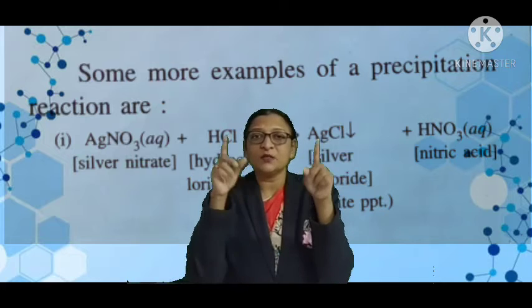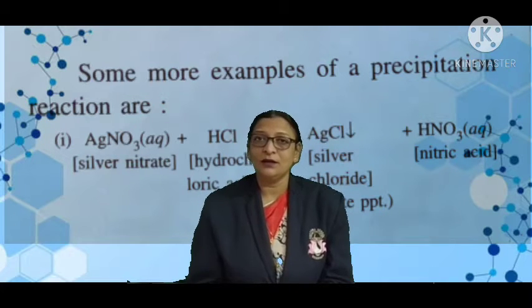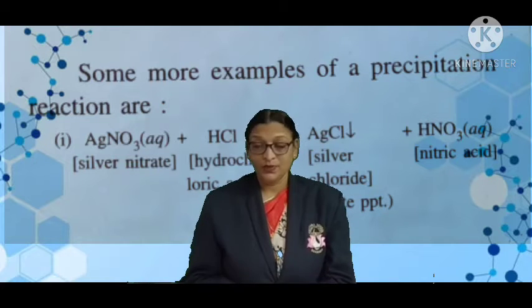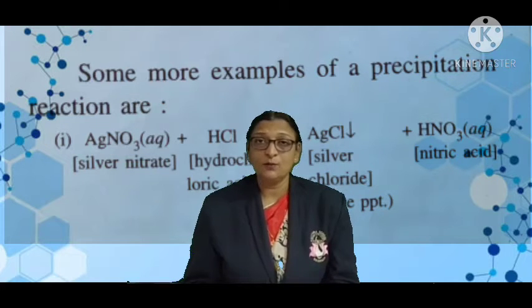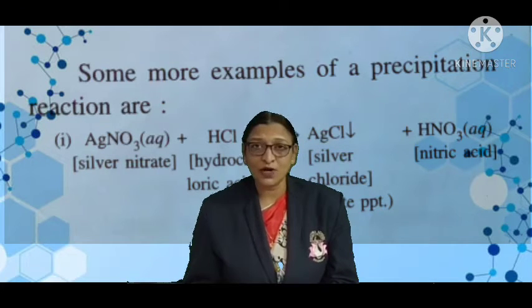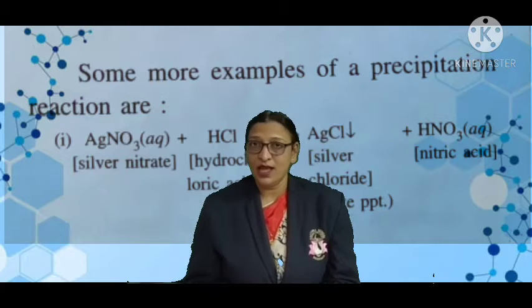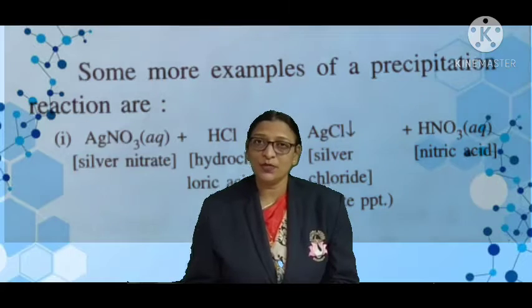The rearrangement takes place to give silver chloride and hydrogen nitrate. The chemical reaction can be represented as AgNO3 plus HCl gives AgCl, which is silver chloride, and here it gives a white colored precipitate, with nitric acid, that is HNO3.